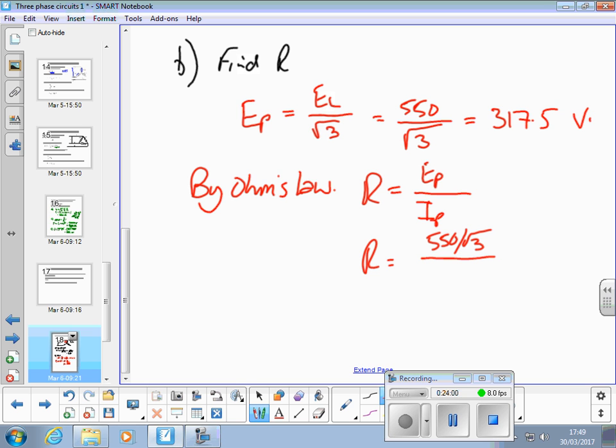So that's over 3.15 amps equals. Yes, IP and IL is the same. You probably should have made a statement there for star: IP is equal to IL.